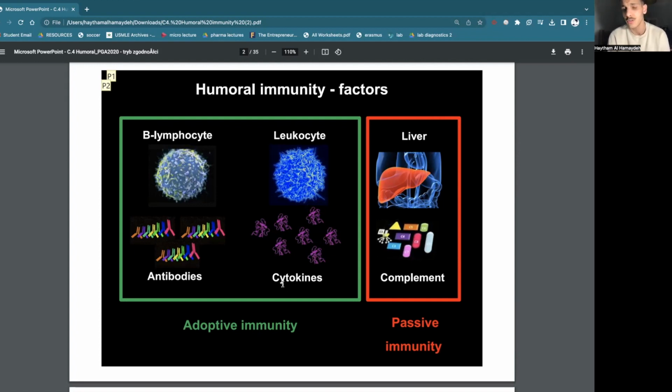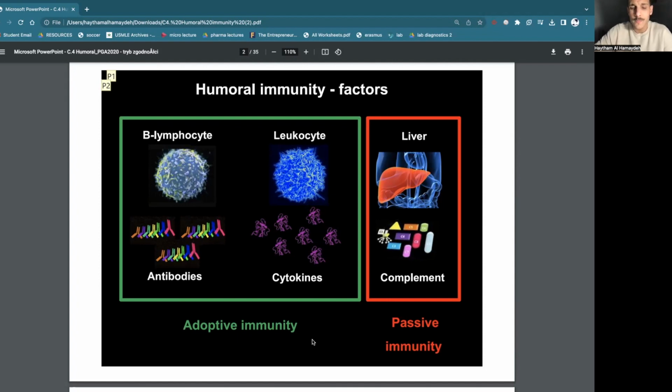And finally, the liver produces the complement, and one of the functions of the things within the complement system, such as C3b, is that it acts as a tag molecule that attaches to the bacteria and tells the white blood cell or phagocytic cell to attack this foreign body.